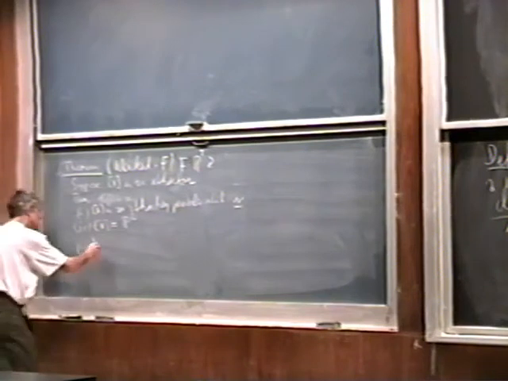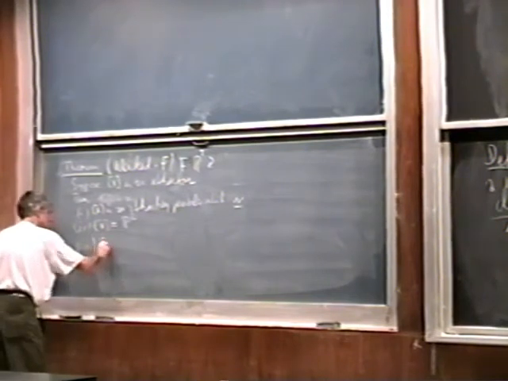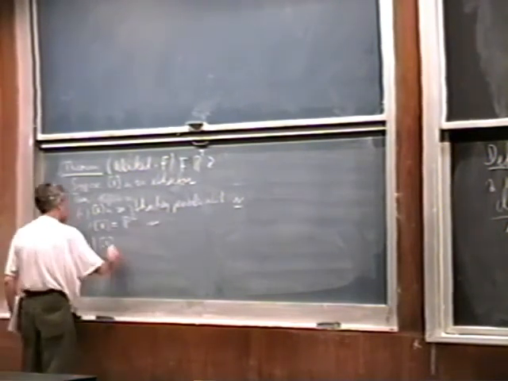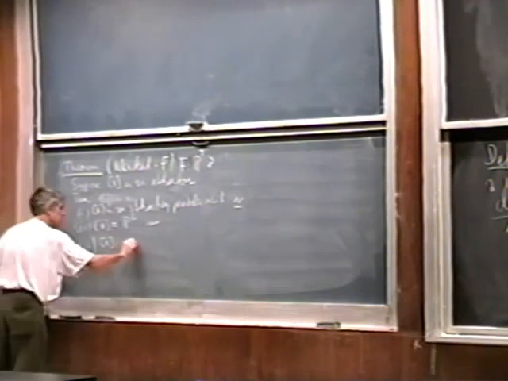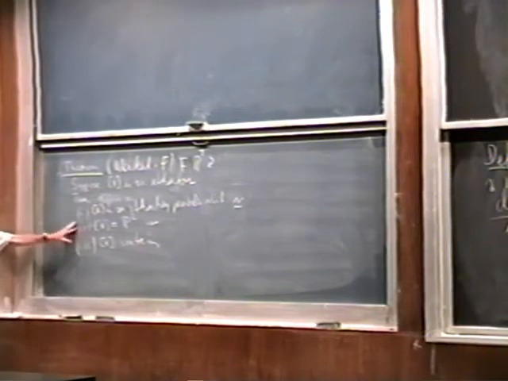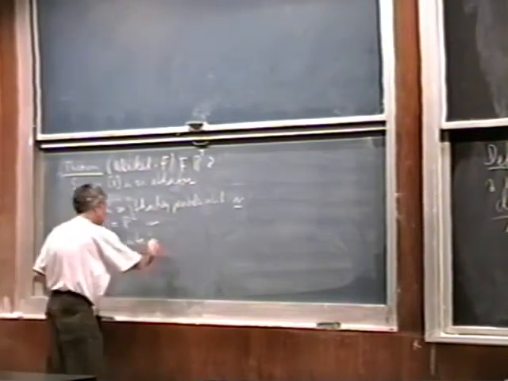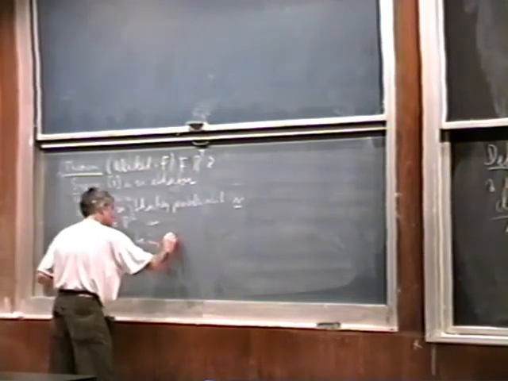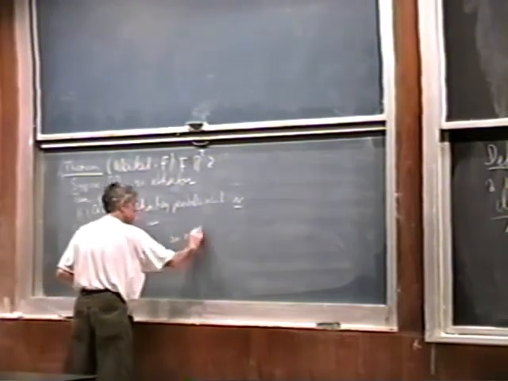But we know something, namely X contains, actually, this will be redundant, but it's easier to write it down this way, X contains an entire image of C.